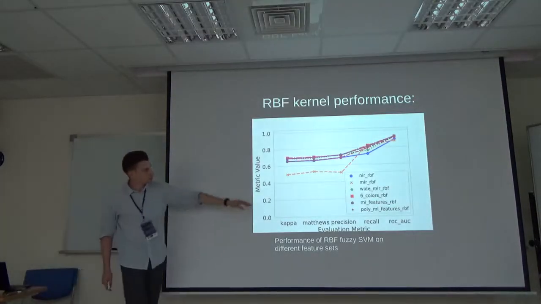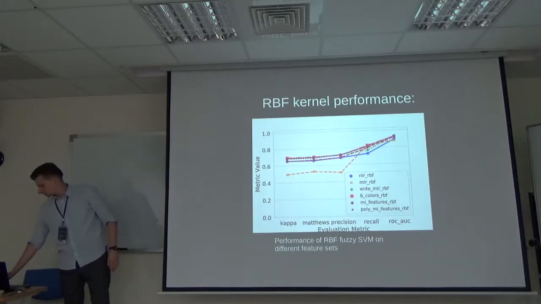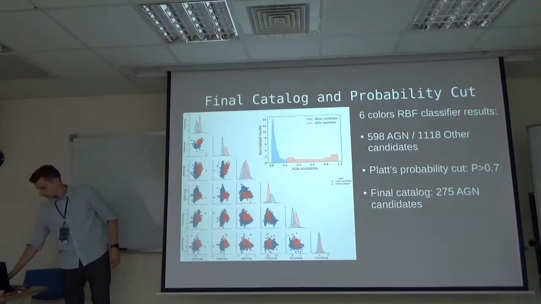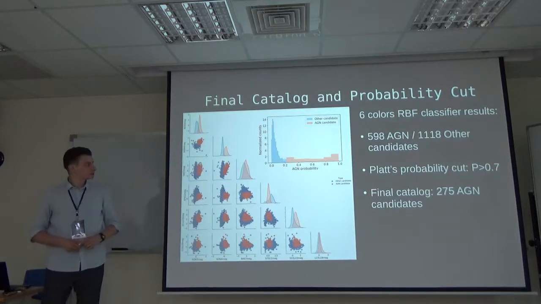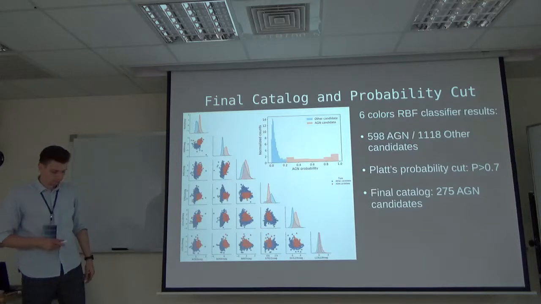It shows slightly better results than the others. So we chose the 6 color feature set, and as the result we obtained the output catalog.